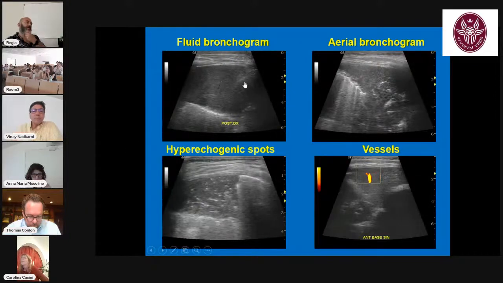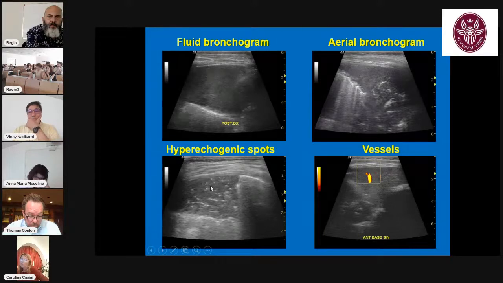These are other findings in the lung consolidation: the fluid bronchogram, the aerial bronchogram, and these typical hyperechogenic spots. This is very important for the follow-up of disease, because we can see the evolution of a disease. If we see that a consolidation presents a lot of hyperechogenic spots inside, this means that this process is going to recover, because air is penetrating the inflamed region.